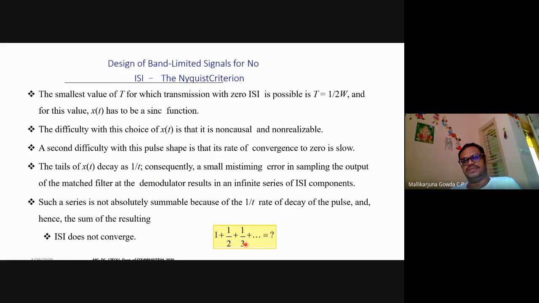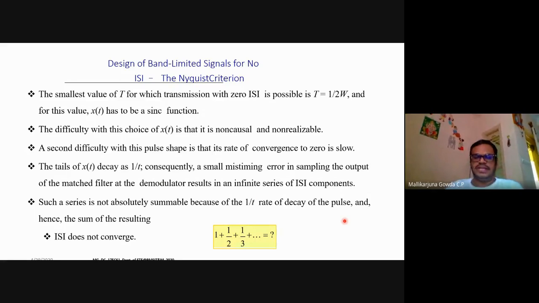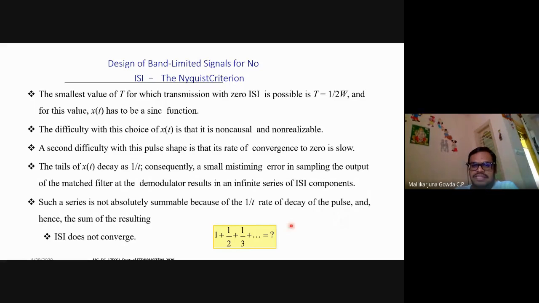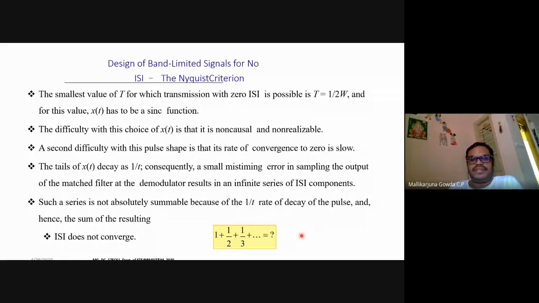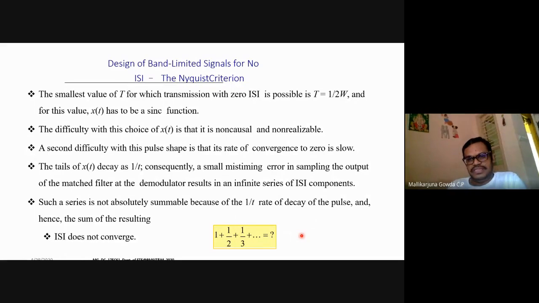Just to say, an example sequence is: 1 plus 1 by 2 plus 1 by 3 and so on. It won't converge. I hope you are familiar with this sequence. Have you tried it any time? Do you think that this sequence will converge? No, right? So I just gave one example of that.